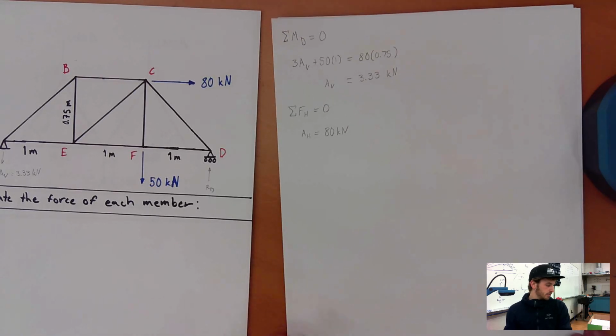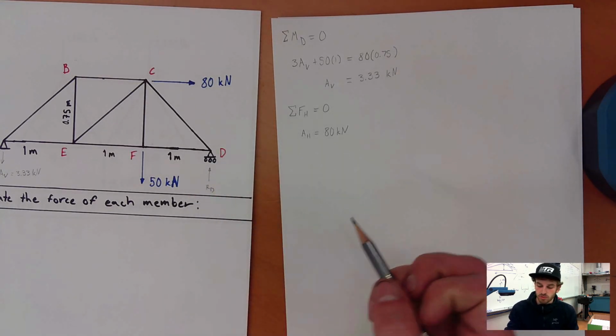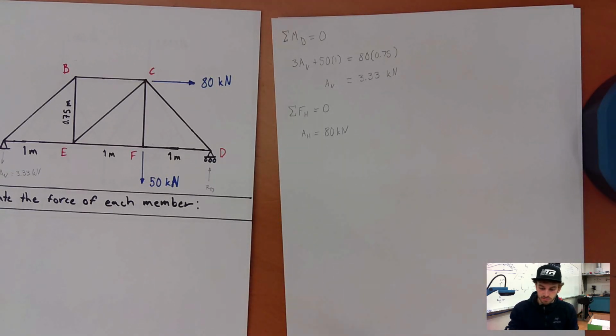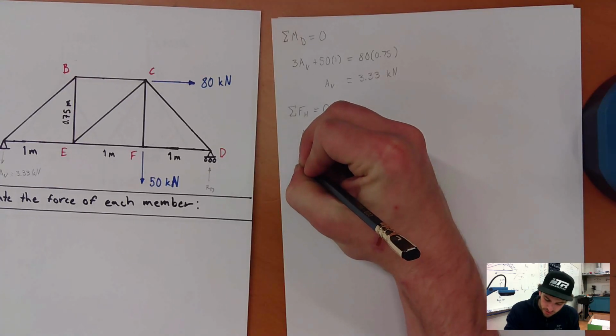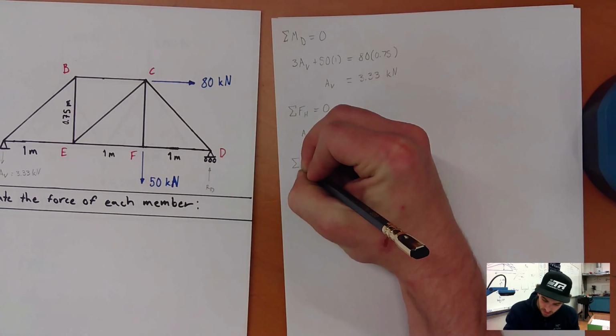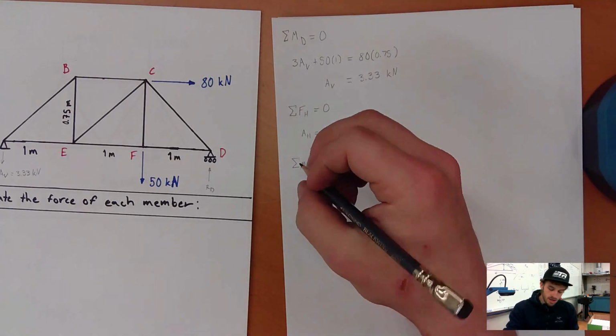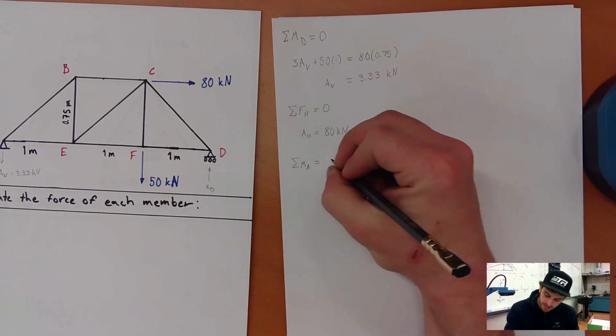Okay, moving on. We have next the sum of the moments acting on point A now. So we did point D before, we got 3.33. We need the sum of the moments acting on point A. And those are going to equal, you guessed it, 0.